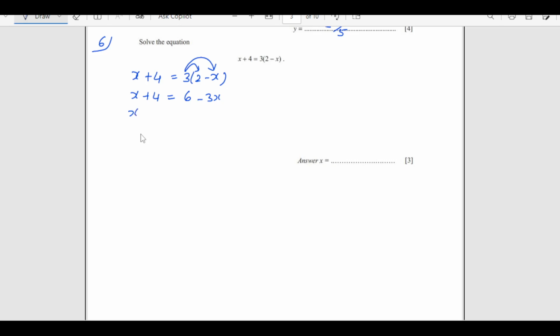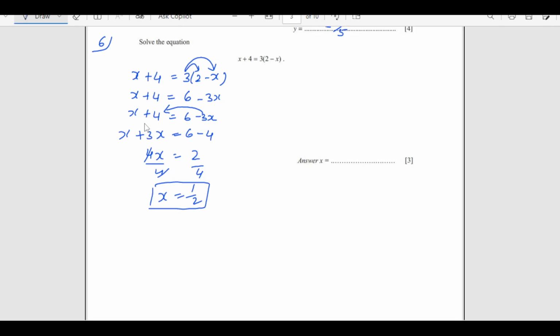So x plus 4 is equal to 6 minus 3x. Bringing 3x to the other side, x plus 3x will be 4x. So 6 minus 4. So this is 4x equals 2, and divide by 4 on both sides. This is gone, so x is half. So the value of x is half, right?